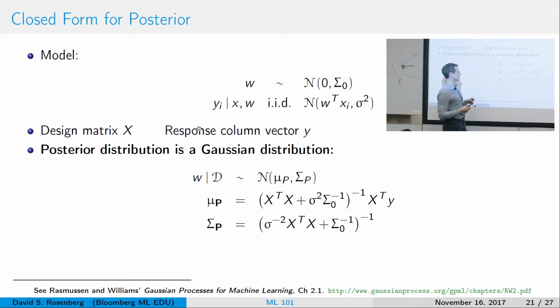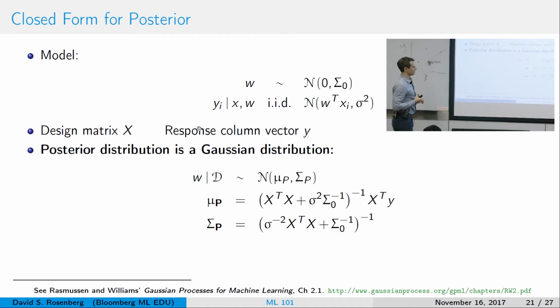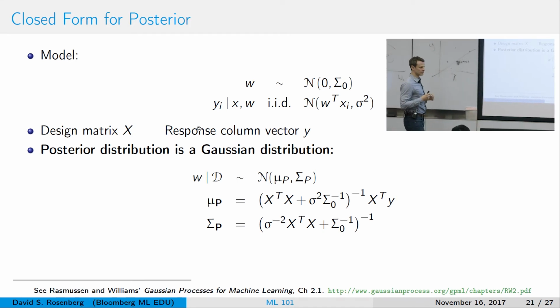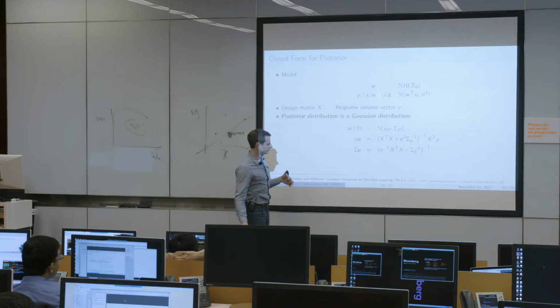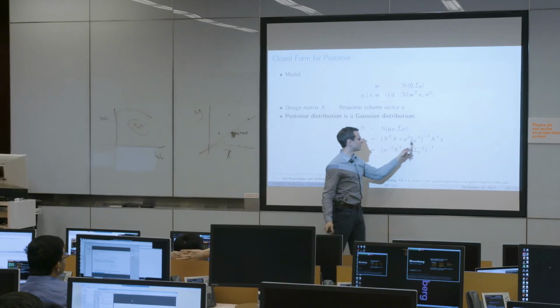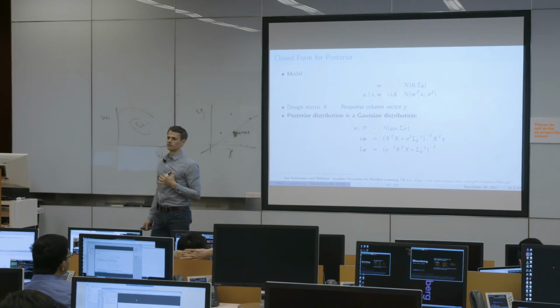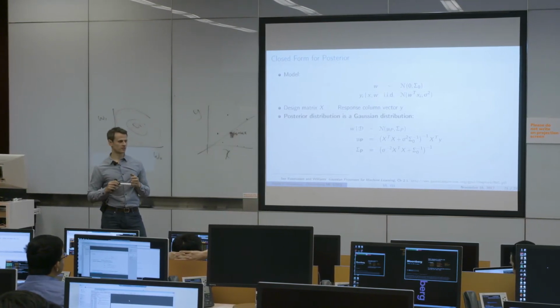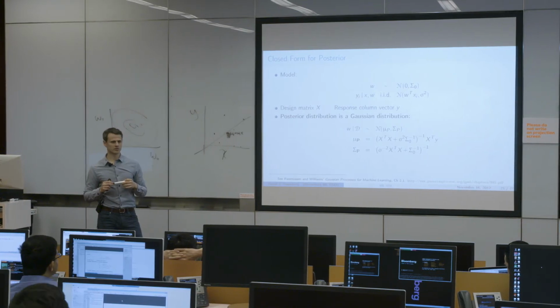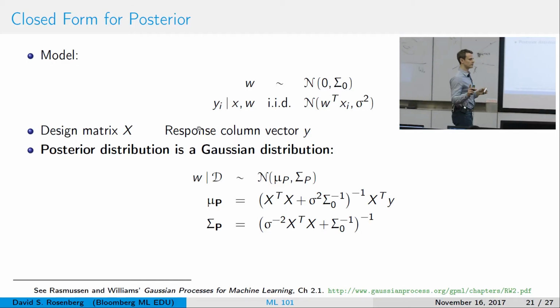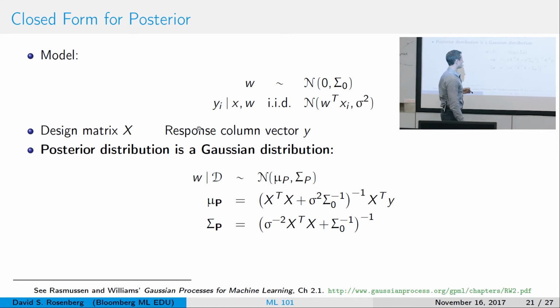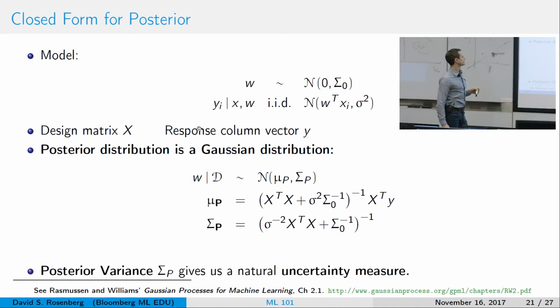Let's start with the mean vector. Does it look familiar? This looks a lot like the solution to ridge regression, L2 regularized square loss minimization. And we'll make the correspondence precise in a minute. This variance piece, we're going to dig into that a little bit more in a second.